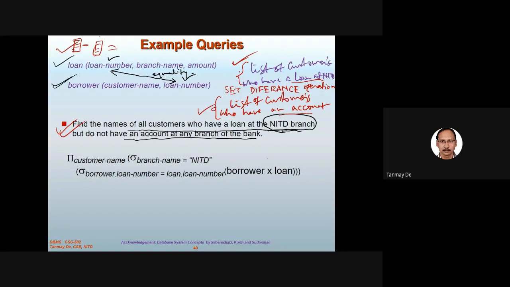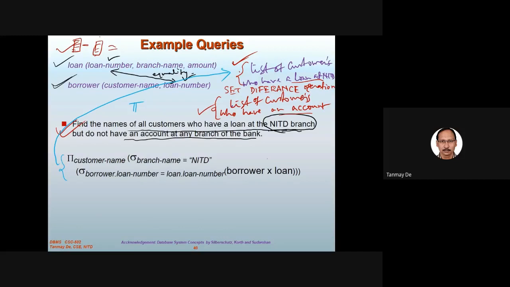That is, this portion actually gives us the list of customers who have a loan at the NIT Durgapur branch. And how do we get the list of customers who have an account? By writing, for that, what do we write? Project customer name.